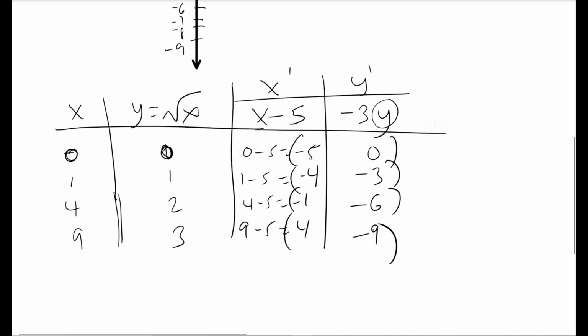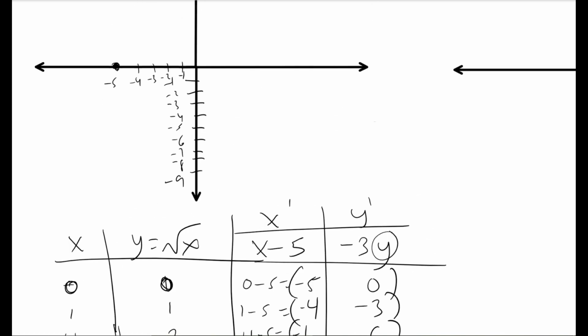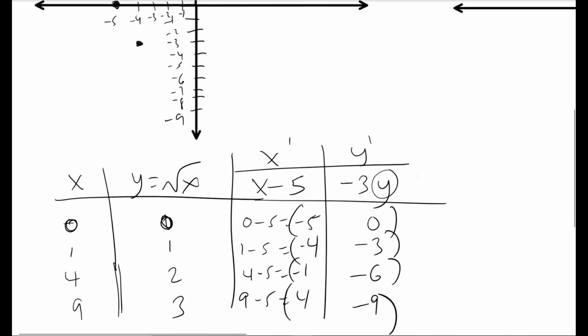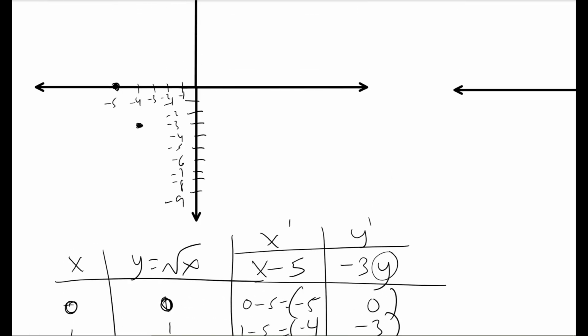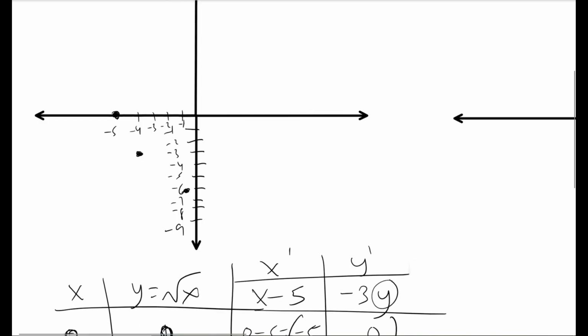We have -4, -3. We have -1, -6. We have 4, -9. It's around there, and this is our 4 right there.